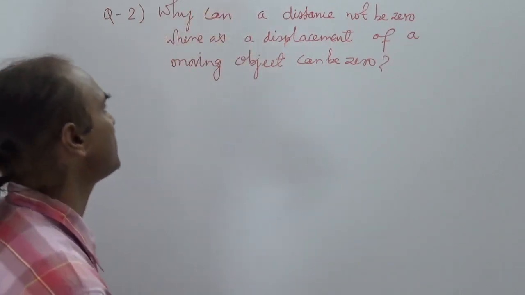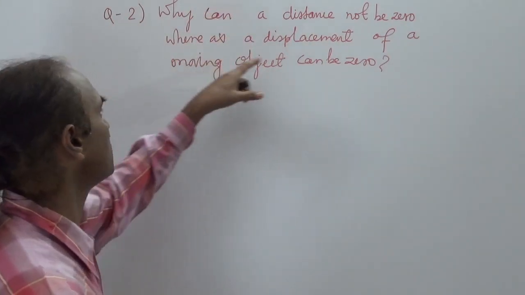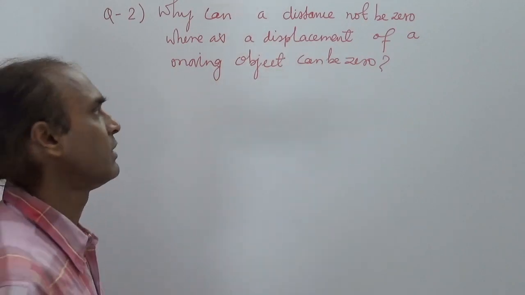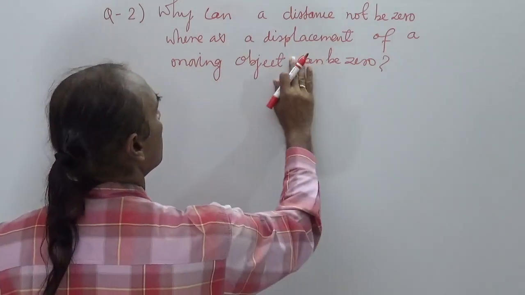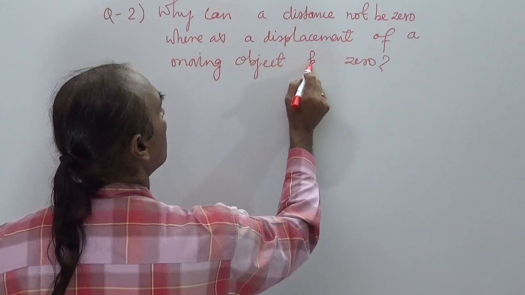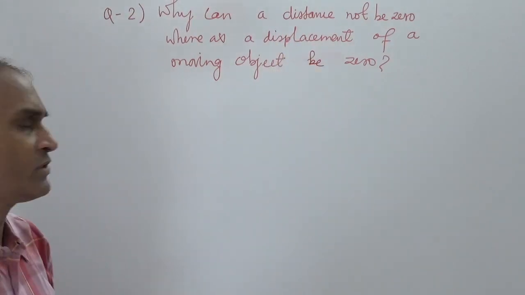Why can a distance not be 0, whereas the displacement of a moving object can be 0? This is the second question.